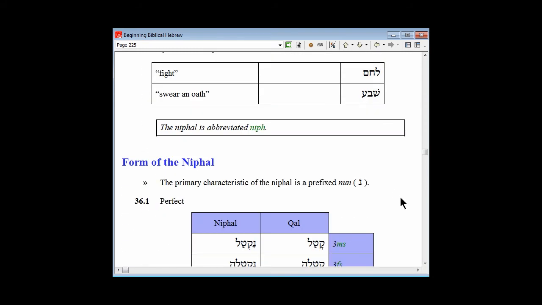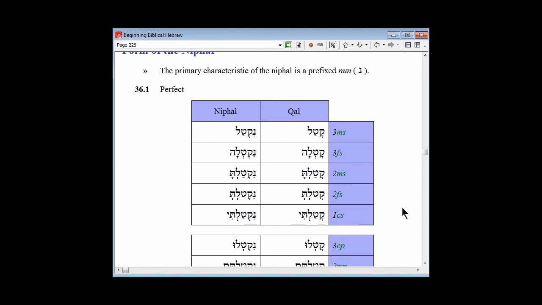So if we come down here to nifal, what he does here is just gives you the forms. Now I have a separate video that condenses the forms of the nifal into one slide, what you need to remember, but it's definitely worthwhile, again, to read this closely, and if you have time, commit it to memory. But here you have katal, these are your normal kal perfect. Katal, katala, katalta, katalt, katalti, so on and so forth.